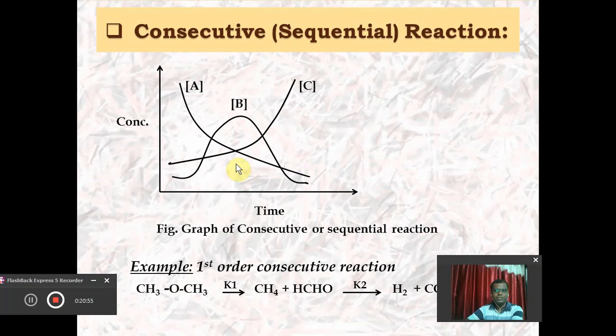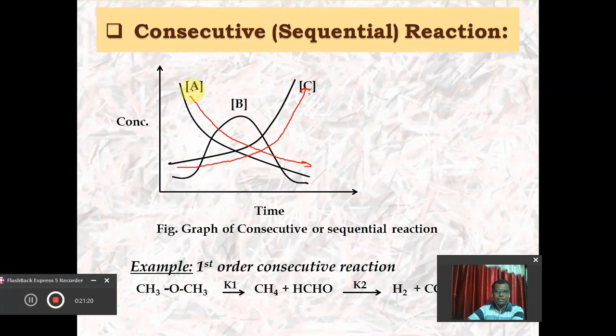I can show you this graph, which indicates that the concentration of reactant A decreases continuously, while the concentration of final product C increases continuously. Let me clarify once again.